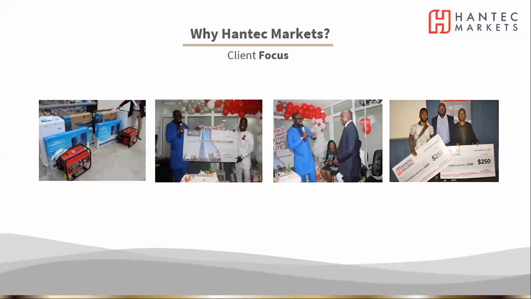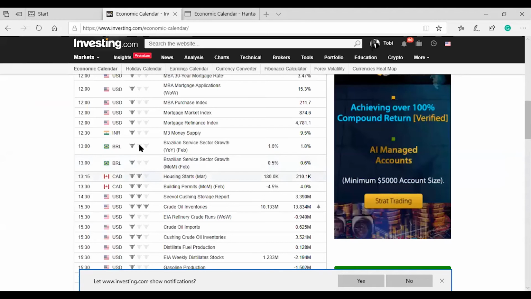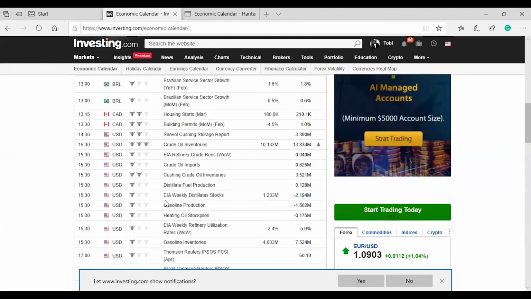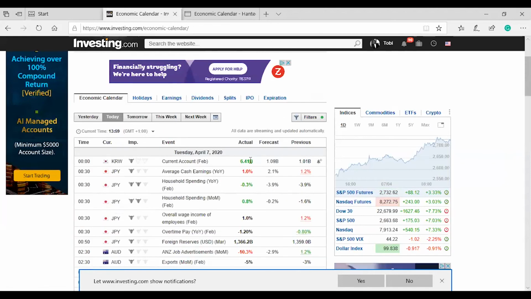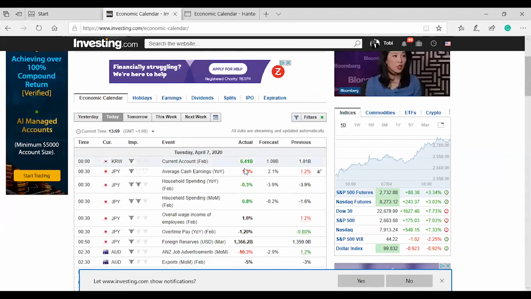Okay. When I'm using investing.com, if I go to today, it will show green, which often means that it's positive news.